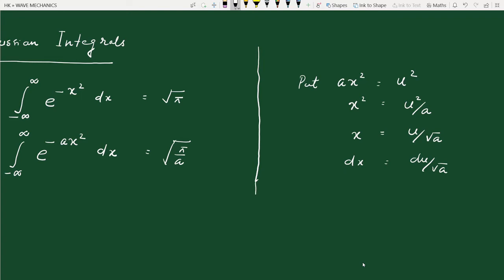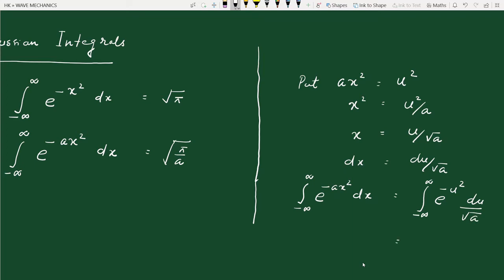Therefore, this integral minus infinity to plus infinity e raised to minus a x square dx is equal to the integral, the limits will be the same, e raised to minus u square, since a x square is equal to u square, and dx is nothing but du by root a.